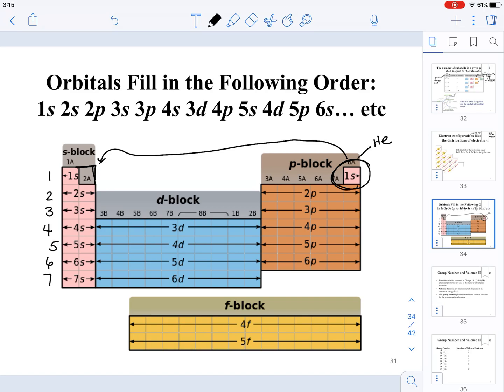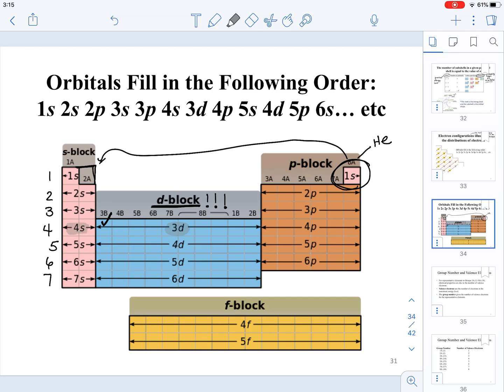Another thing I wanted to point out is that when it comes to the D block specifically, even though this is where we start with the D block, and they are lined up with the fourth row, they start at 3D.